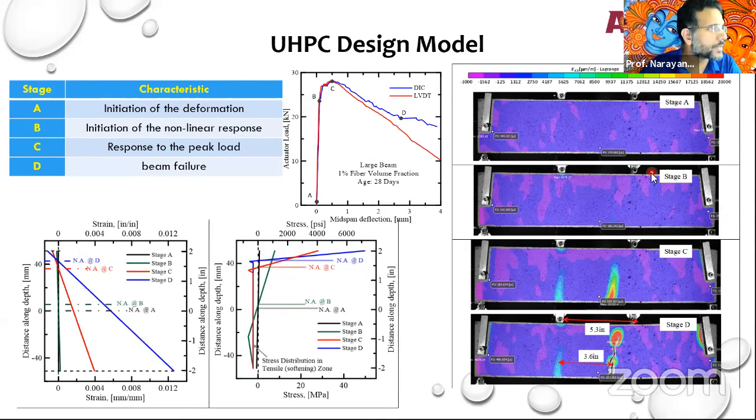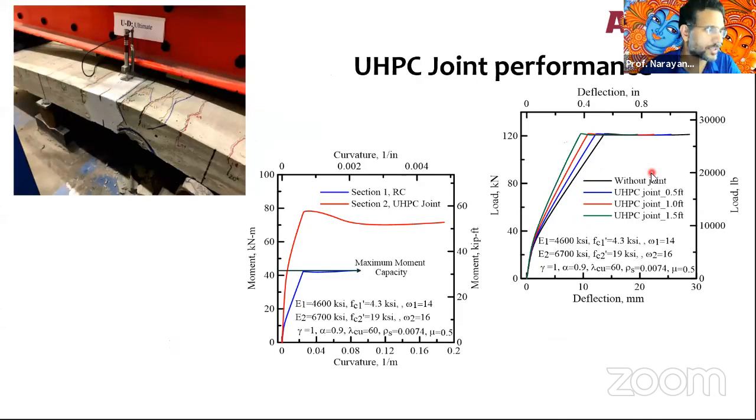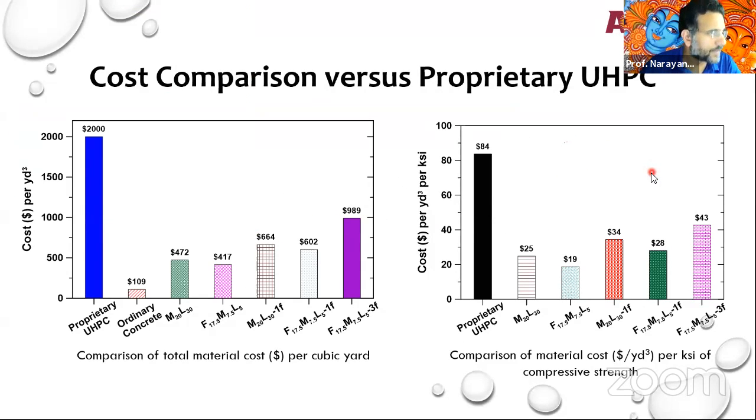I'll skip this. Let me go to the cost. This is all US numbers, so other countries could be different. Per cubic yard, it's about $2,000 for a proprietary UHPC.